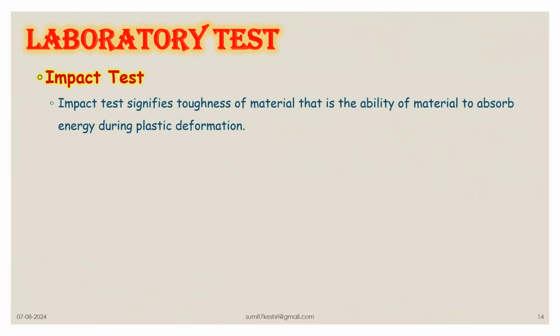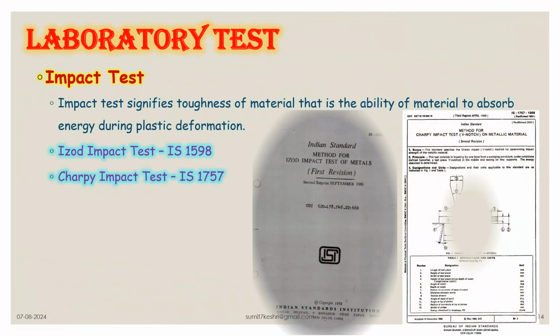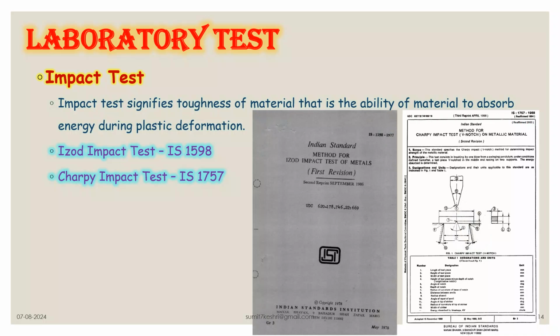In the laboratory, the toughness of a material is determined by impact testing. The impact test is done in two ways: Izod impact test and Charpy impact test. Before performing any laboratory testing, the first thing you should do is to thoroughly study the relevant IS code.